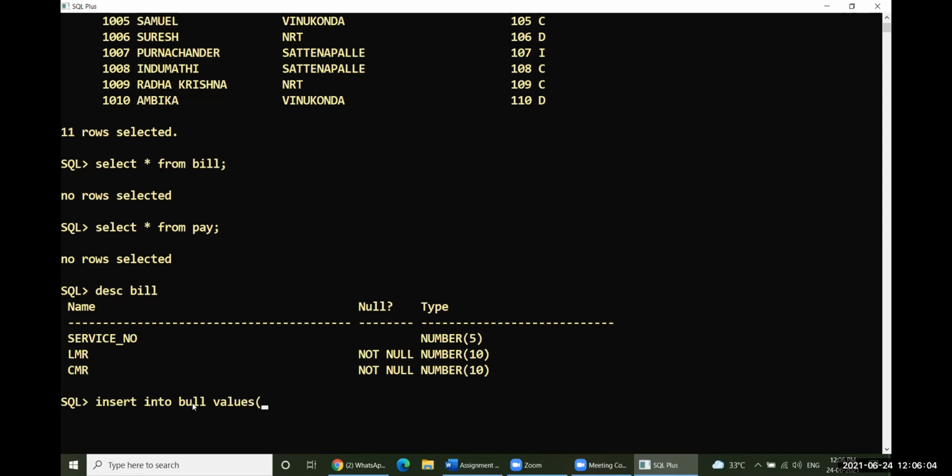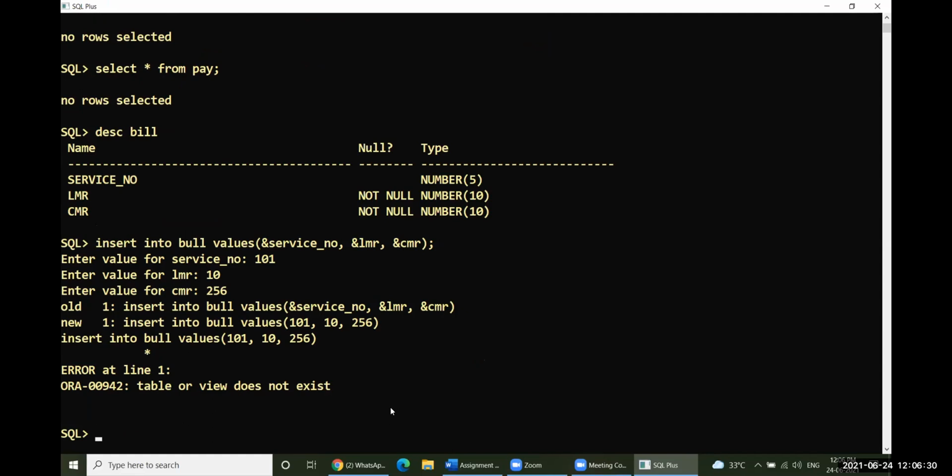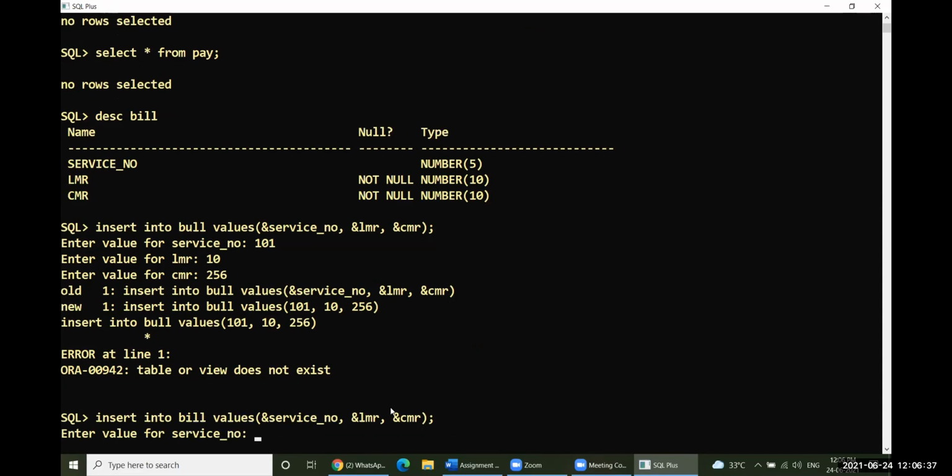Service number, LMR, CMR. I'm sorry for this, because I did not apply the commit command here. So 101, service number 101, 10 is the value, and 256. What is that? Oh, sorry. That is not bull, that is bill, B-I-L-L. So time is killing.